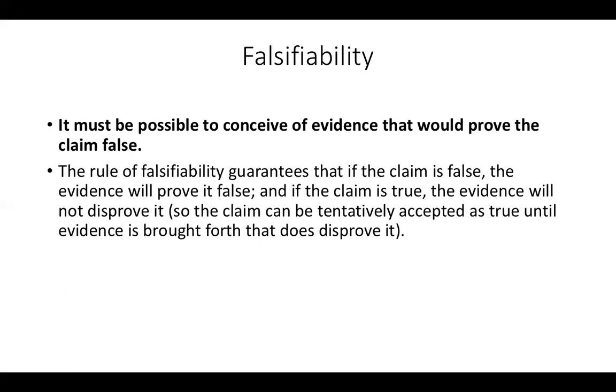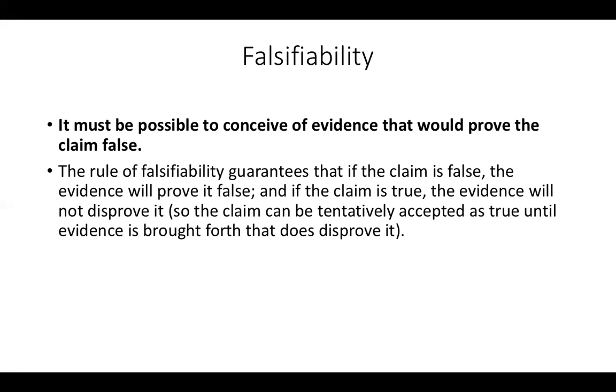So falsifiability. It must be possible to conceive of evidence that would prove the claim false. We have talked about this concept as well in the first two lectures, and we mentioned that this is a core feature of modern science, where when you start with a theory, modern science tells us that the theory must be falsifiable. And that is why we come up with probabilities and p-values and confidence intervals, because there is a limit below which we will reject the null hypothesis and we will say that this theory is false or the conclusion is false.